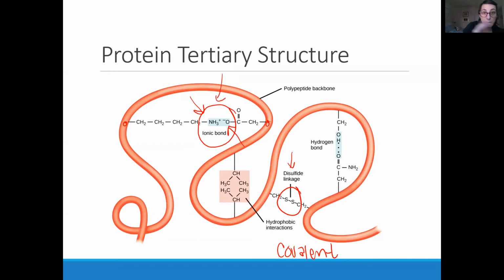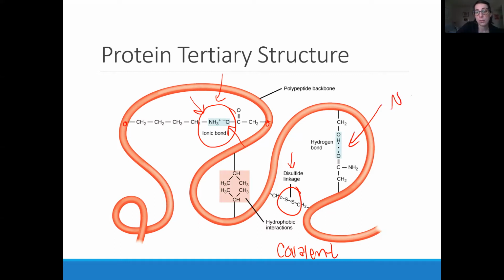Ionic bonds are not covalent. Remember, they are not sharing bonds. They're just a charge interaction occurring between positive and negative charge. Similarly, hydrogen bonds are not covalent bonds. They are a sharing of slightly positive and slightly negative charge along a structure. It just so happens that they involve a hydrogen, where the hydrogen is the part that is always partially positive, and the lone pairs on another atom are partially negative.